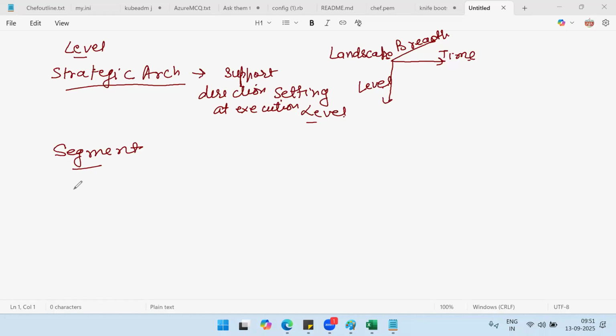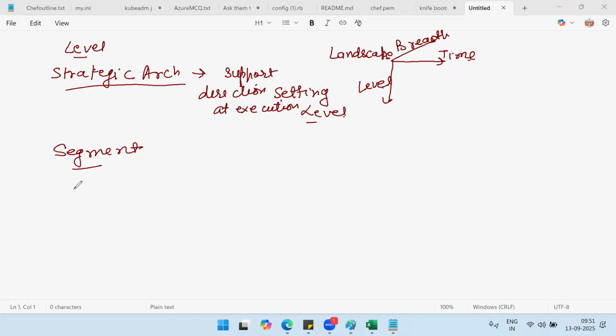So in segment, basically we are supporting the direction settings and the development of the architecture on a portfolio level, or you can say at a program level, right? So the broader way is the enterprise. Now we go deeper.